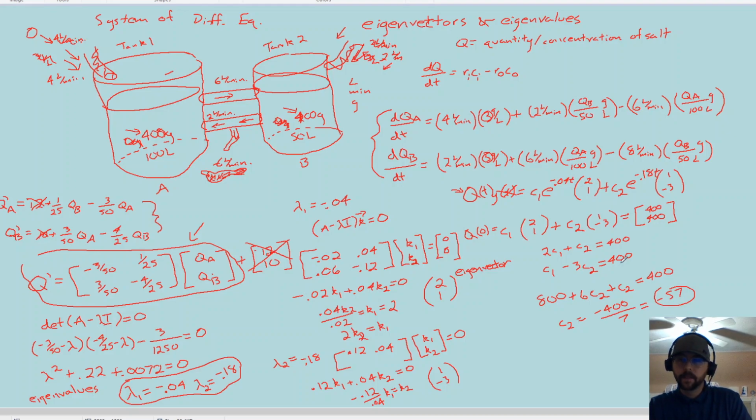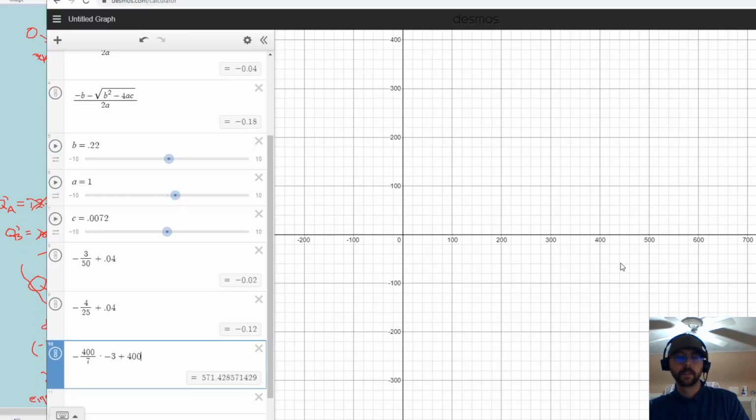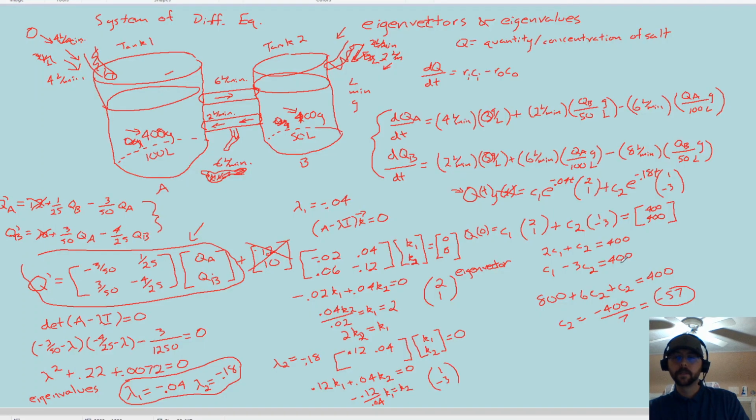So it should be about 57 times 3, but this is negative, that's negative, so it's going to be positive. So it'll be about 150, 400 minus 150, that should be positive. It is positive, no. This was negative 57?